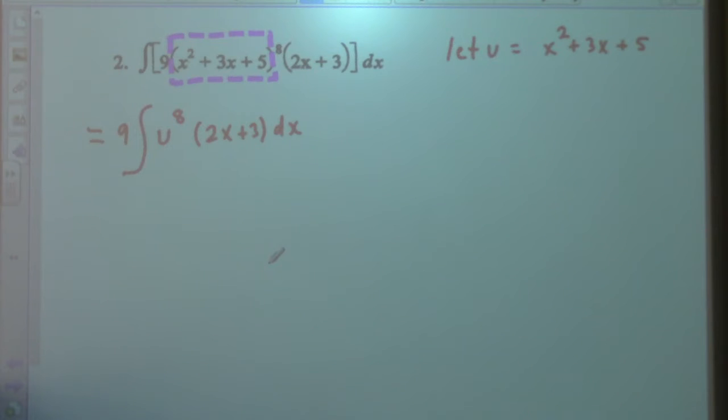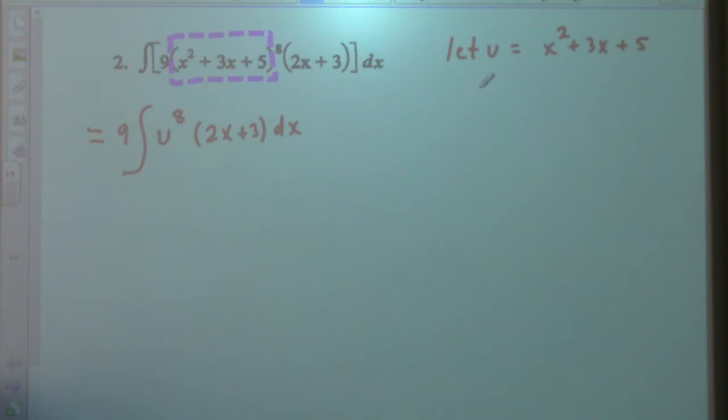Okay. Now, here's where we start getting a little tricky. We're going to take this substitution here and take the derivative of each side.